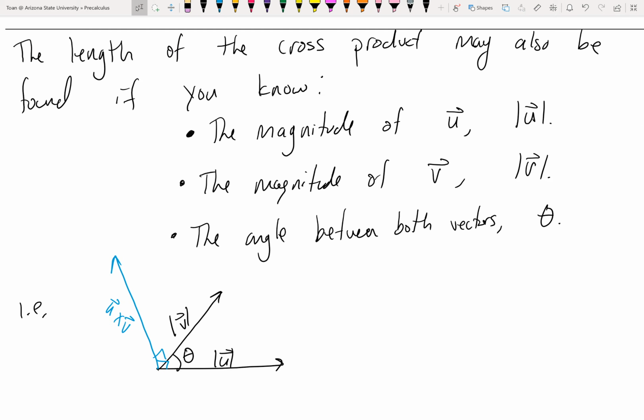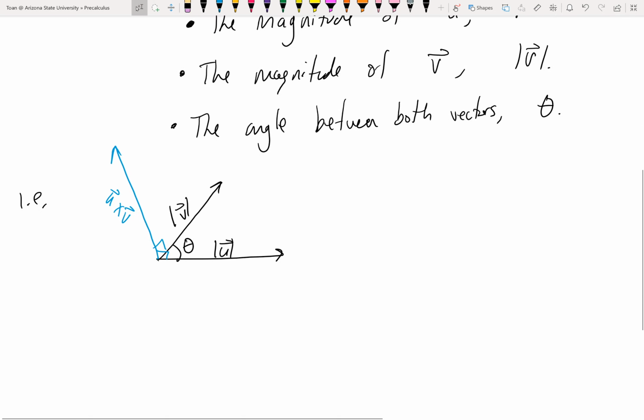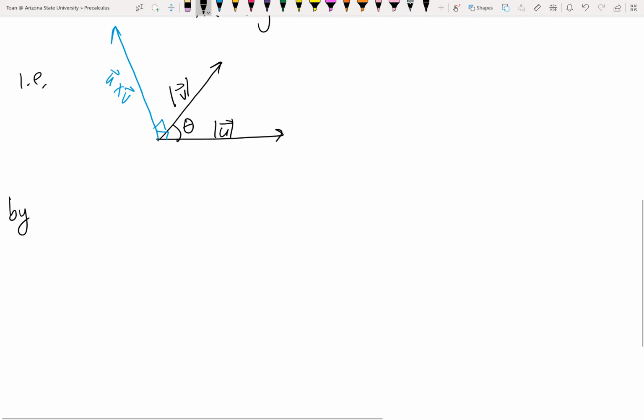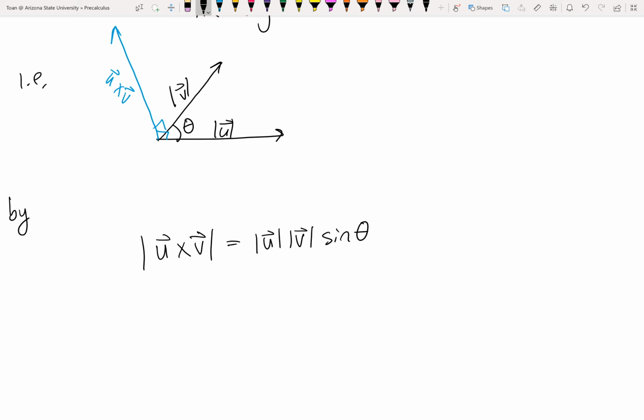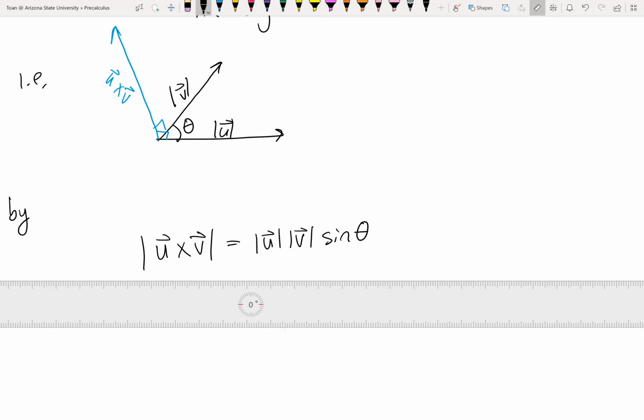So the length of the cross product may also be found if you know those 3 bullet points by the following formula. The magnitude of u cross v is equal to the magnitude of u times the magnitude of v times sine of theta. Right?